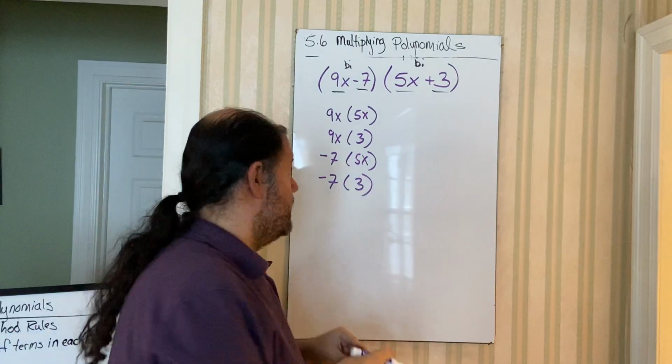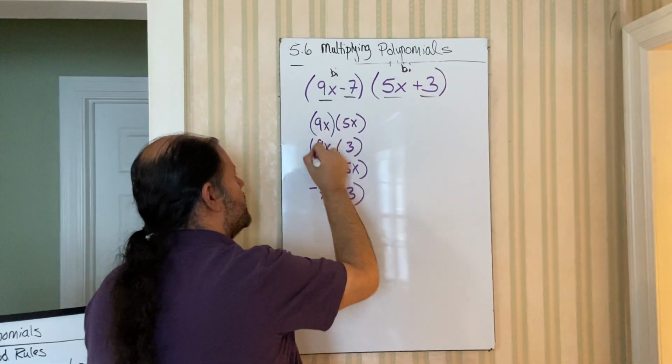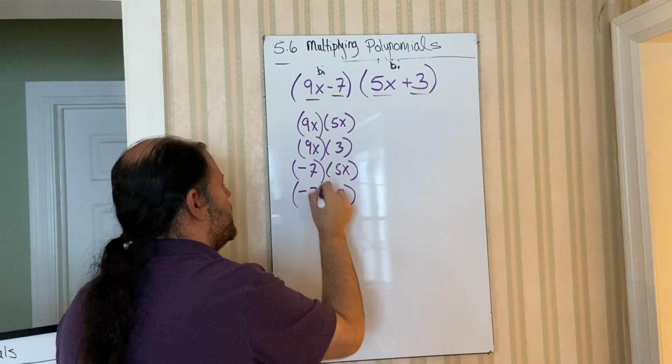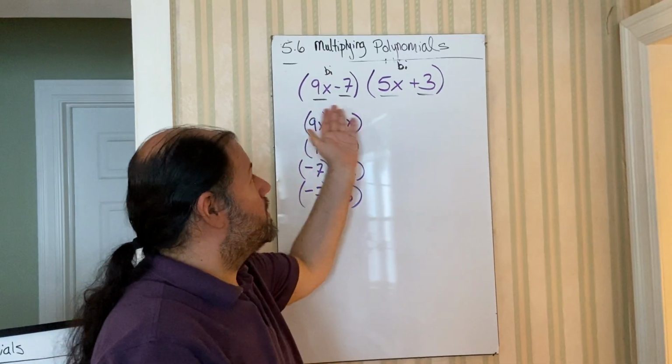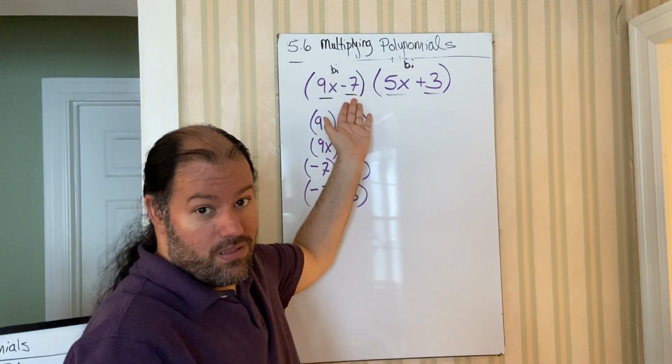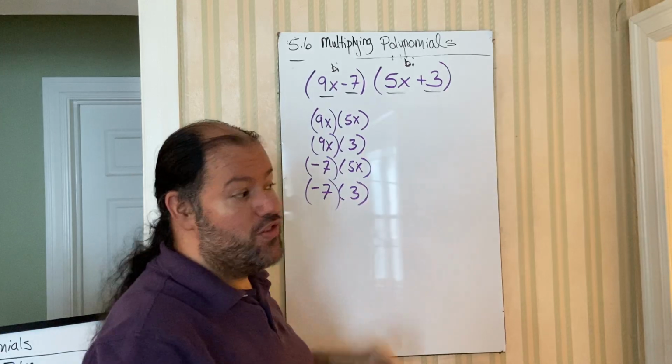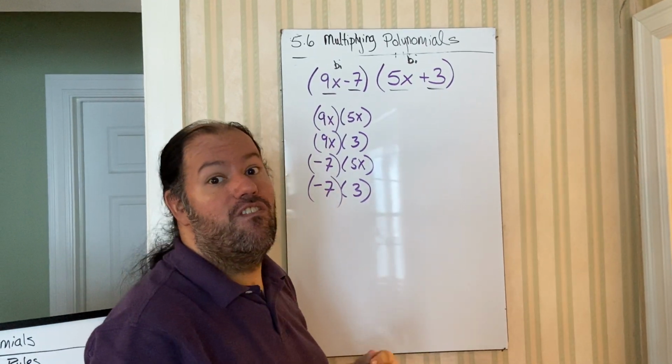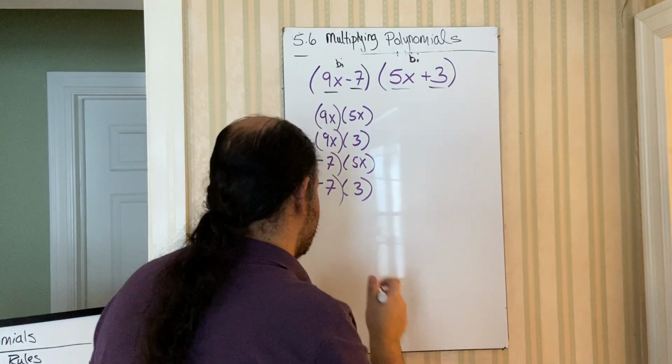By distributing, and I'll put parentheses so that you can see it really is multiplication, with distributing of a binomial times a binomial, you technically did FOIL without even realizing.